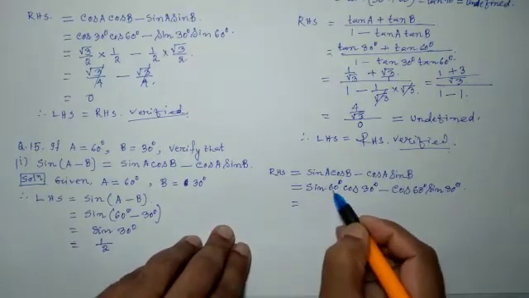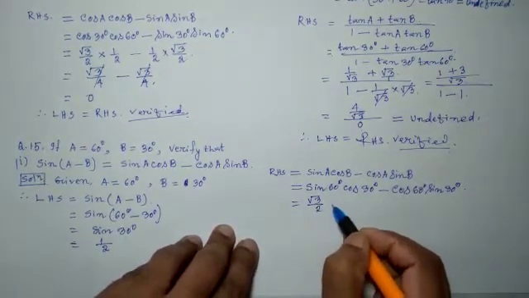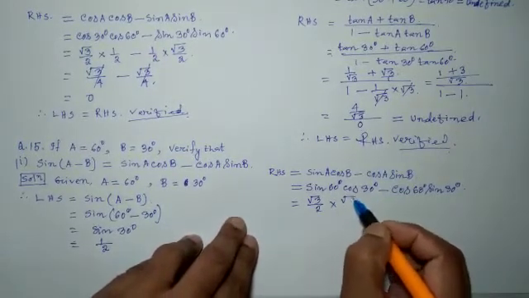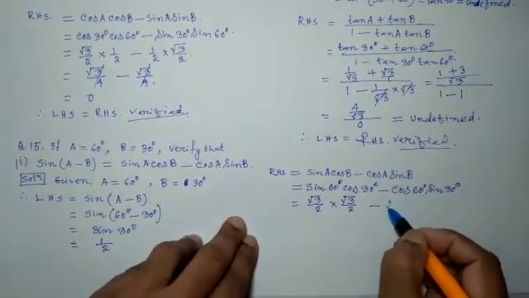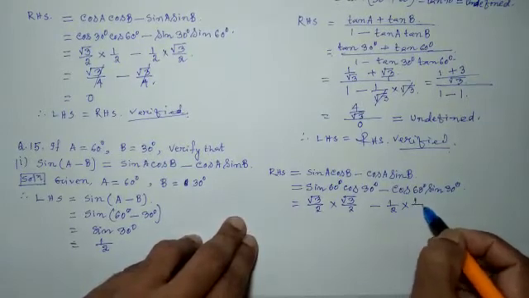Then write the value of sine 60, it is root 3 by 2, into cos 30 value is also root 3 by 2, minus cos 60 value is 1 by 2, into sine 30 is also 1 by 2.